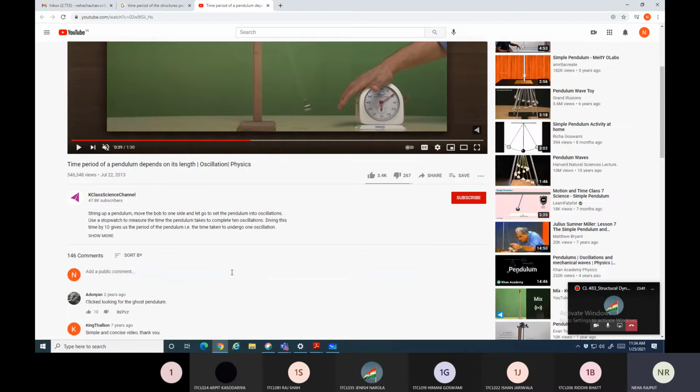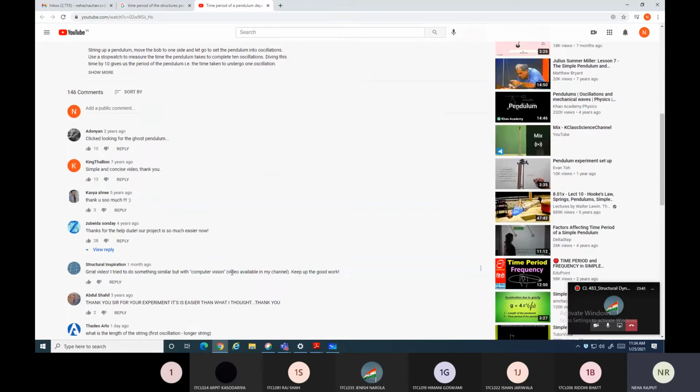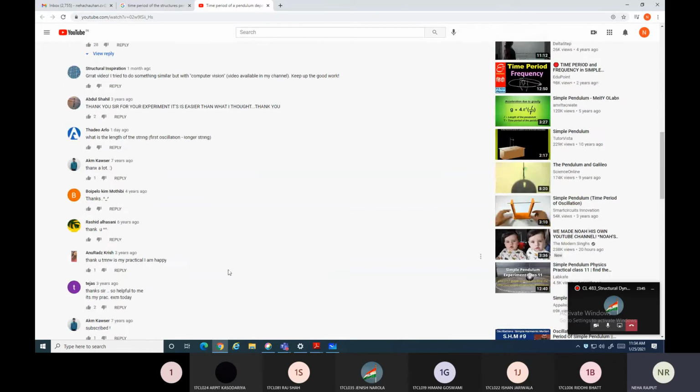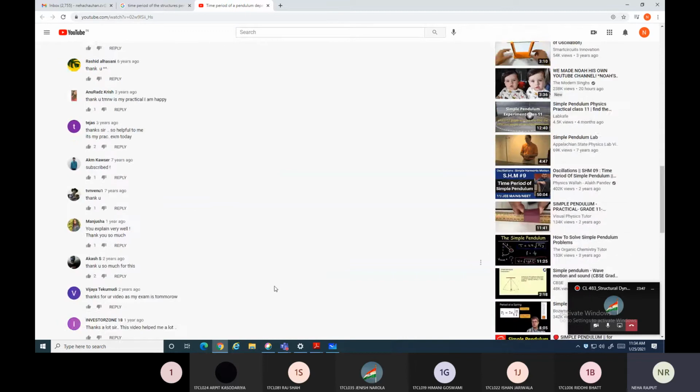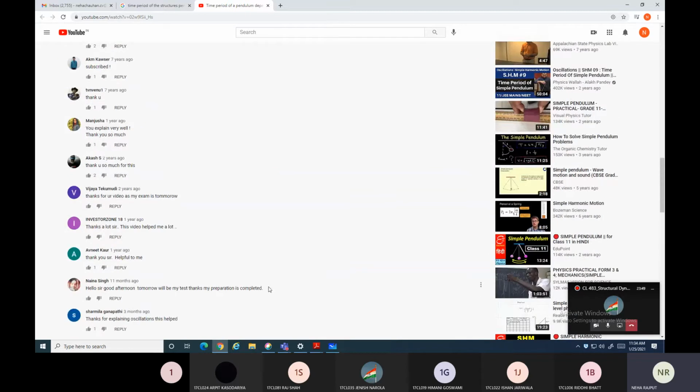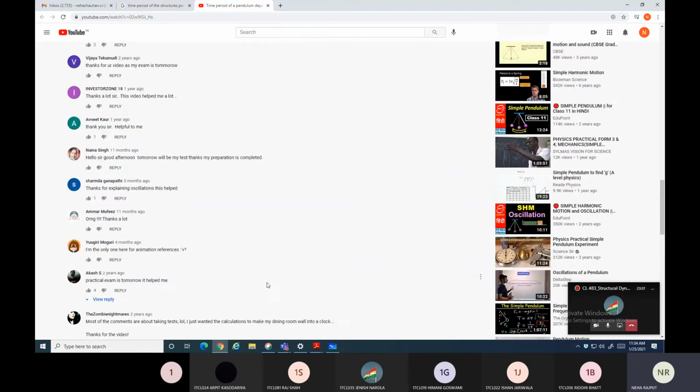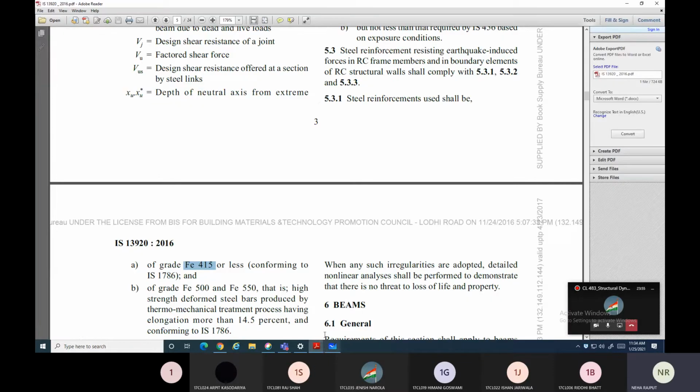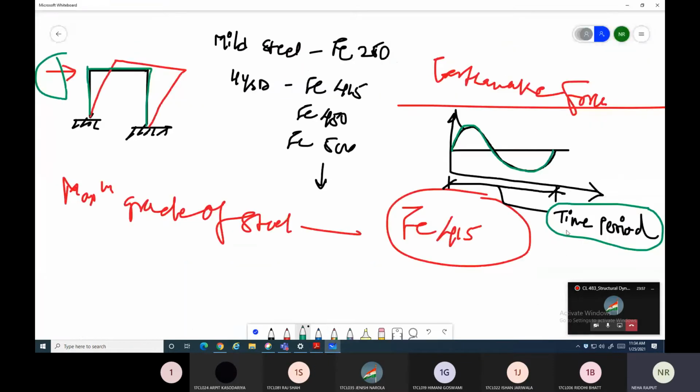So the time taken by the structure to pass from one point and again back to that particular point, the original point, is known as the time period of the structure. So this time period of the structure depends on the height of the building, right?